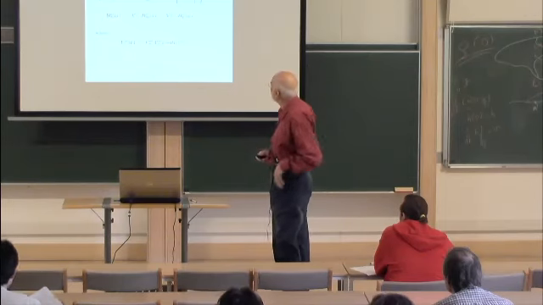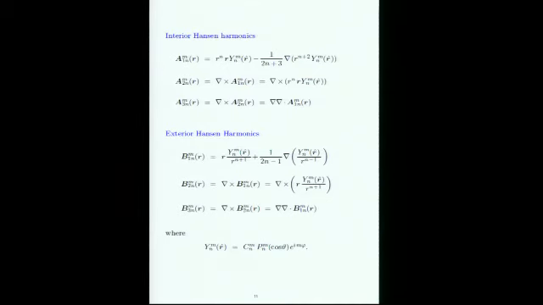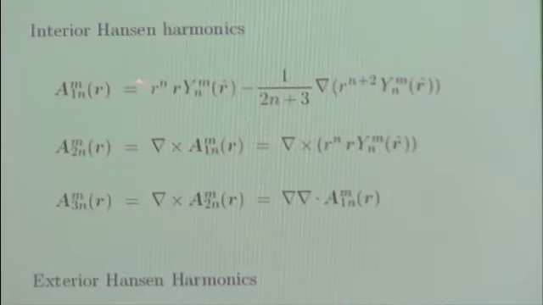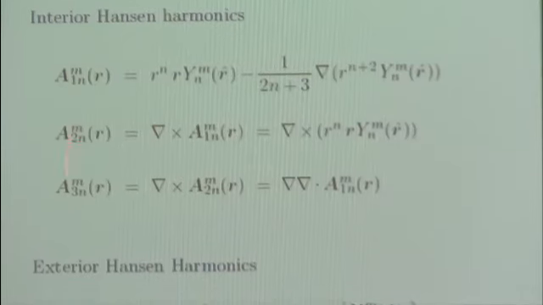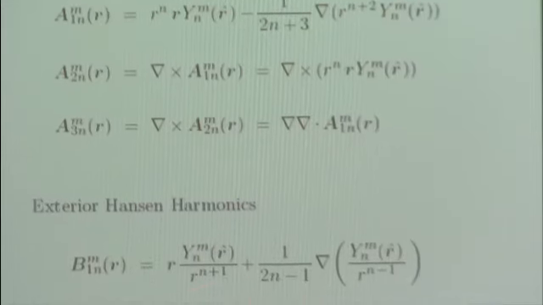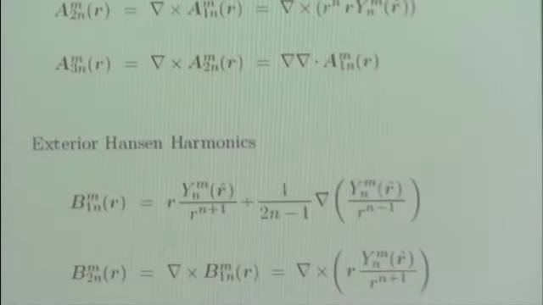So that's what he introduced, and it's well known to everybody today. The interior Hansen function, he managed to find this expression here, which is a vector solution of the Laplacian, and then he defined the other two as the rotation of the previous one. So the second one is the rot of the previous, the third one is the rot of the second, and so on. And basically the same thing here with the exterior ones.